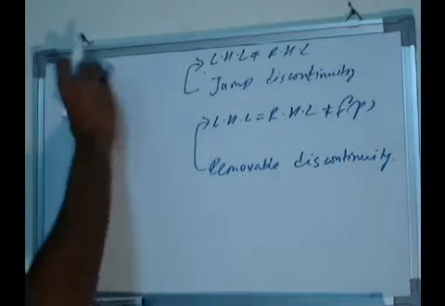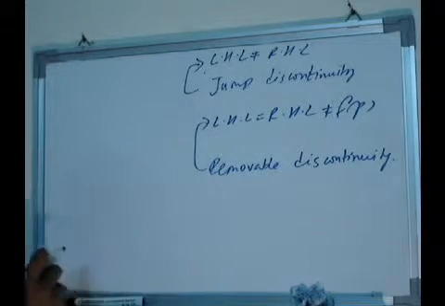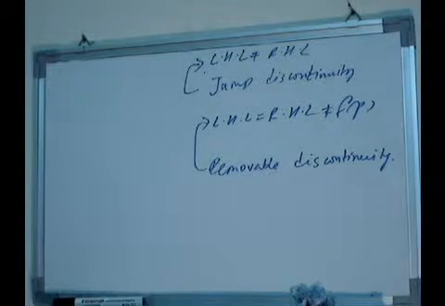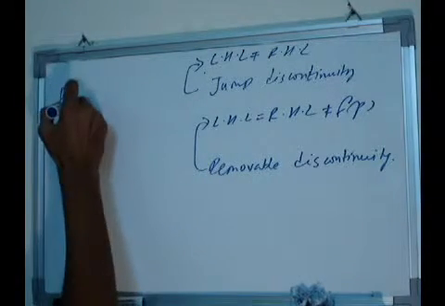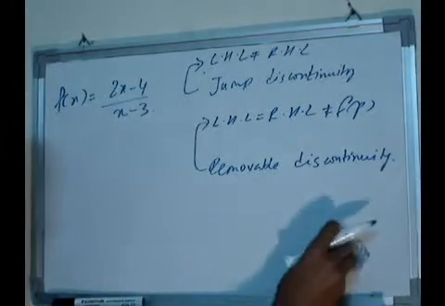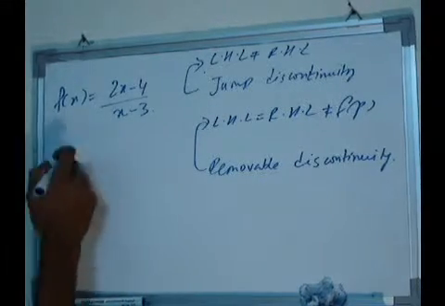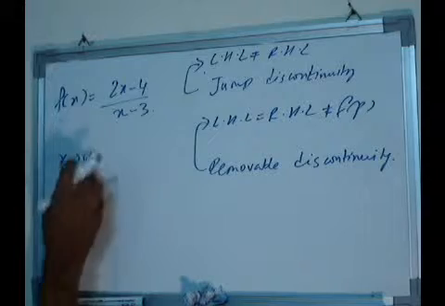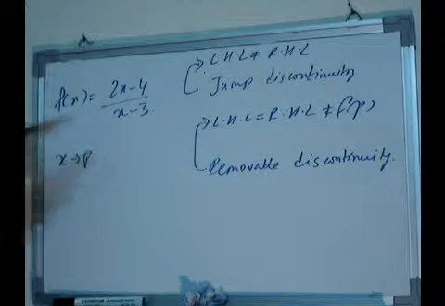Now, this value of x turns out to be a vertical asymptote for the function. What is an asymptote? Let's take an example of a function. Over here, if I have a particular value of x which tends to p, this value p would turn out to be a vertical asymptote for this function.